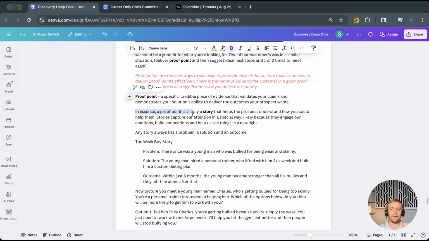So, honestly, it's really a story that helps the prospect understand how you can help them. Stories, if you are not aware, or maybe you are aware but you haven't been able to articulate it, they really do capture the attention of human beings in a certain special way. And it's probably because they engage our emotions, help us build connections to make sense of the world, and help us see things in a new light.